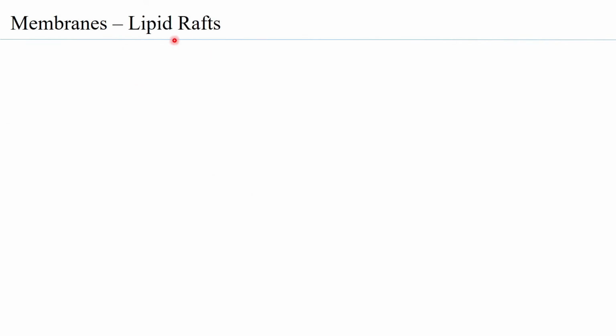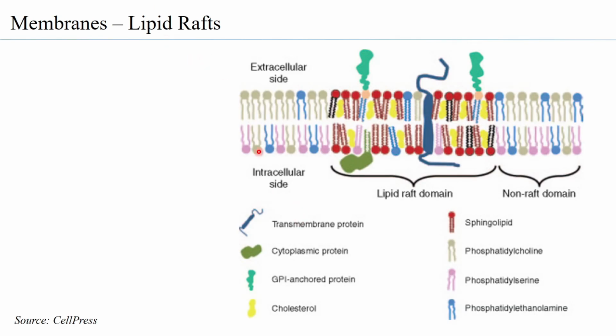Now we look at the lipid rafts. We just looked at previously, and we talked about something called microdomains. So microdomains are also what are called lipid rafts. As you can see over here, in a membrane, several components of the bilipid layer can come together to interact with each other. Say for example, you have sphingolipids coming together.